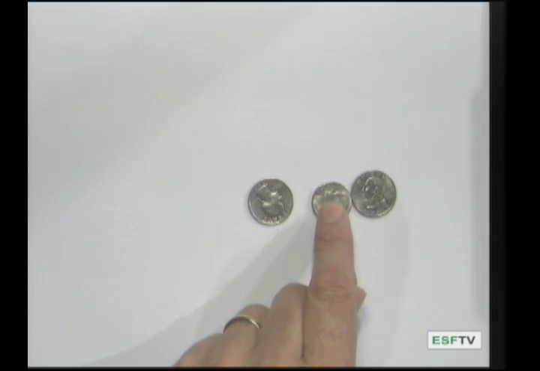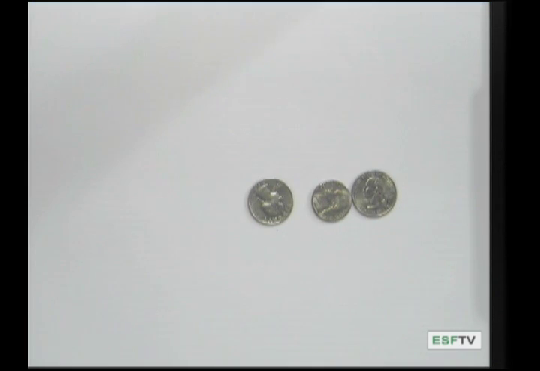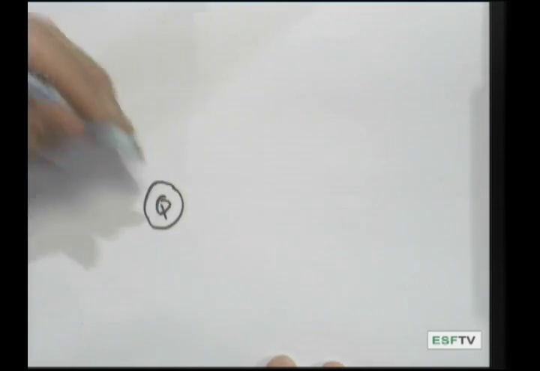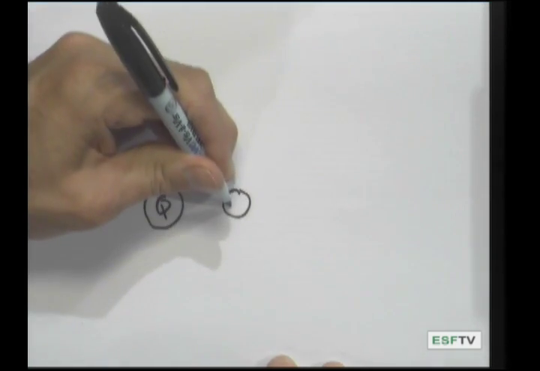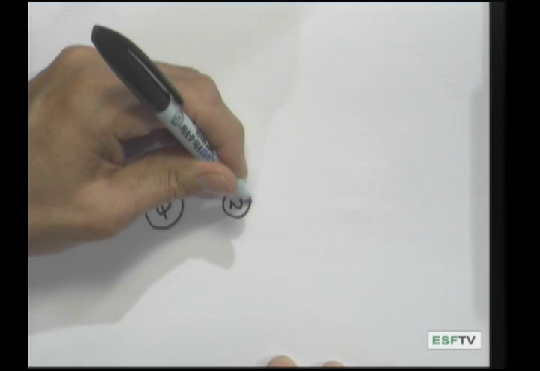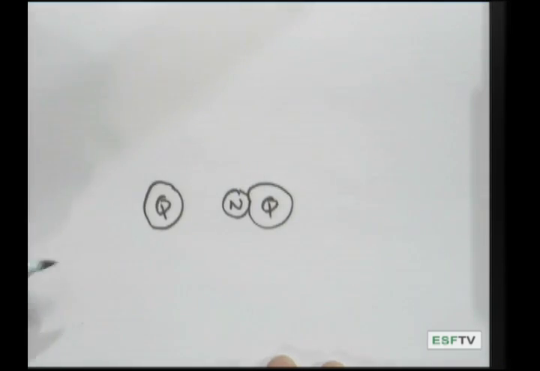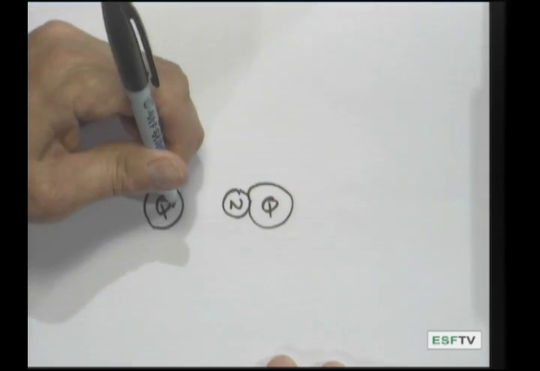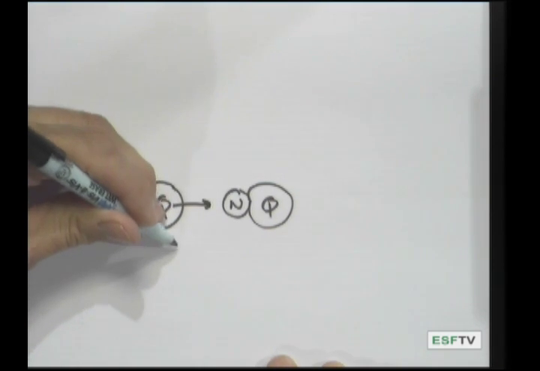Okay, now you see that the quarter did not move very far in this case. Now that's an instance where momentum in this system was conserved, and let's analyze for a moment how that actually worked. Here's our quarter, here's our nickel, and here's our quarter. Initially, this quarter had a certain momentum.